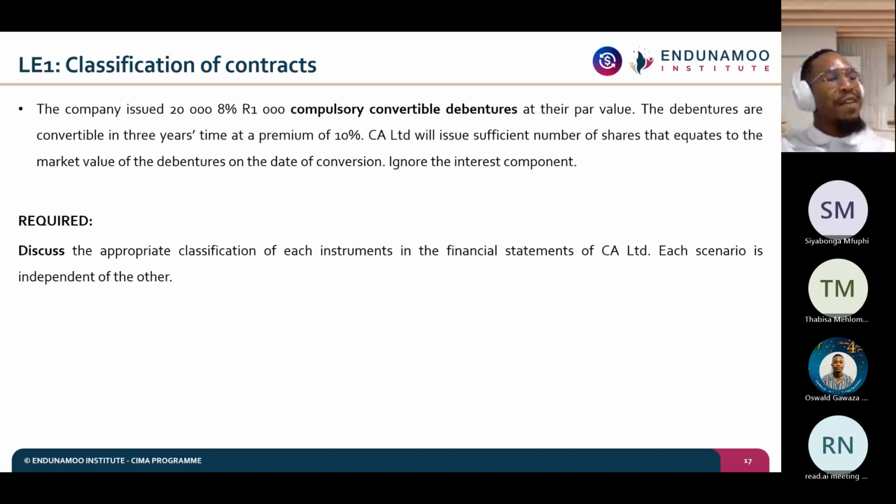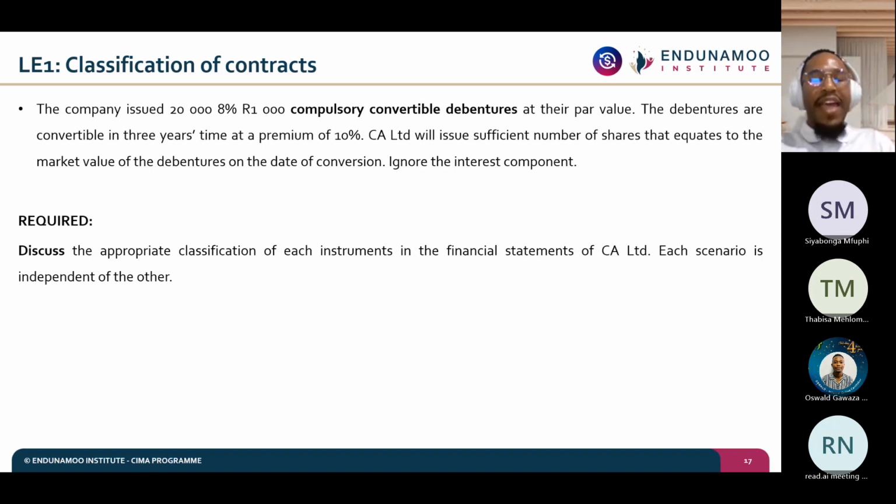Because you're going to use a variable number of shares to settle, if you look at this case here, these are compulsorily convertible debentures, agreed, and they are going to be converted at their par value. But we then say, no, in fact, these were issued at their par value, but they are convertible at a premium of 10%.